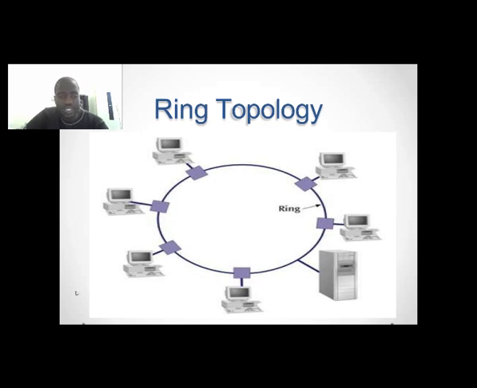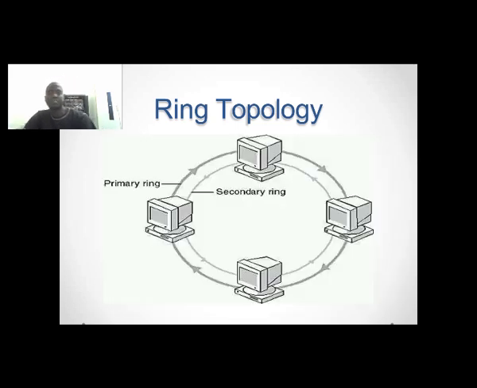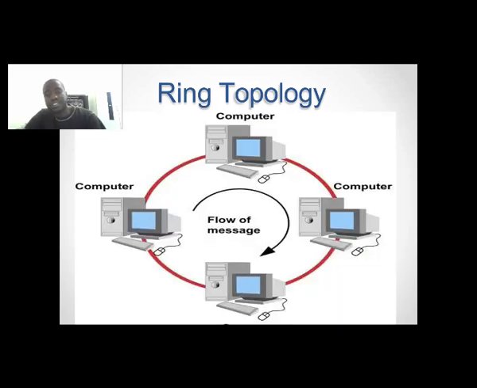And when passing information, say this computer wants to pass information to this computer, because communication is in one direction, it has to go through this computer until it reaches this computer. So that's why you see those two connections. So here this computer is transmitting a message to this computer. It starts from here, goes to this computer, and then this computer passes it to this computer, and this computer passes it to this other computer.